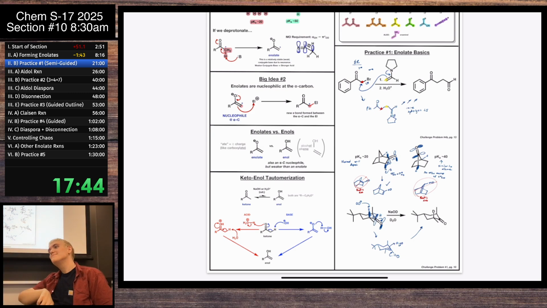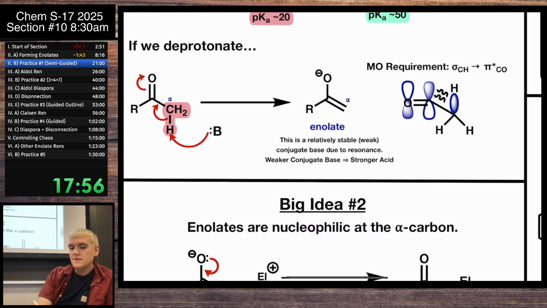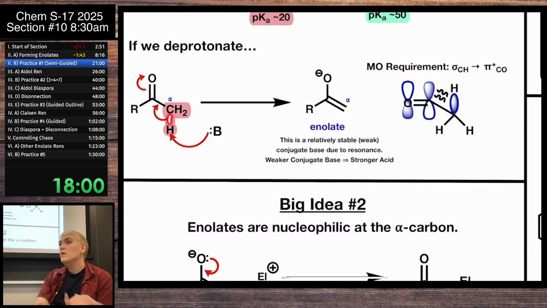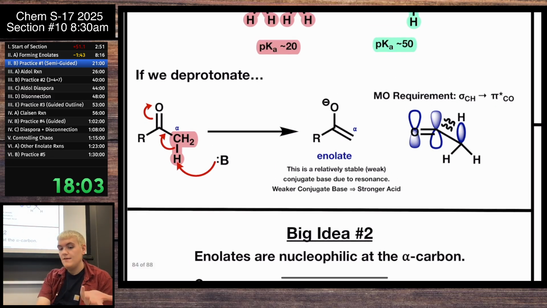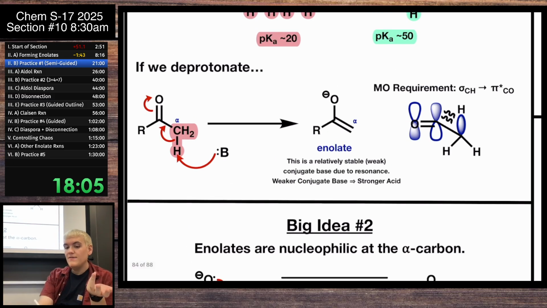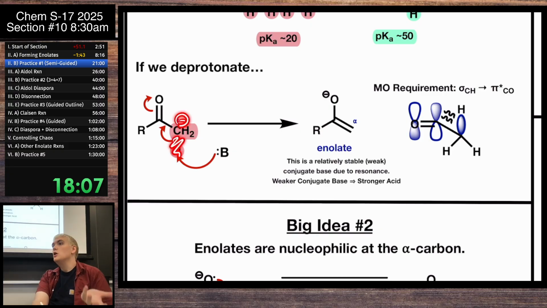Why is it that specific MO overlap allows us to have that? It's because of the bonds that you are breaking. When you deprotonate the alpha hydrogen, the electrons in this sigma bond have to go somewhere, right? And we want it to do resonance, because otherwise we have a negative charge on a carbon, which is not good.